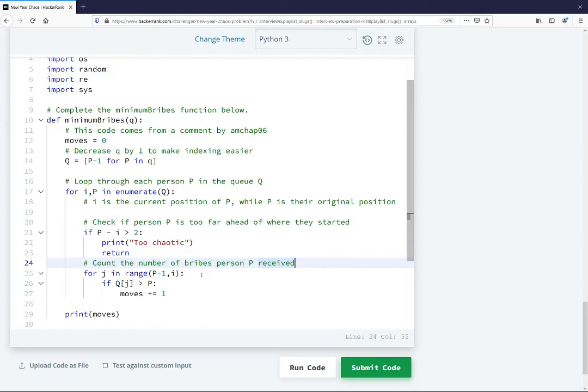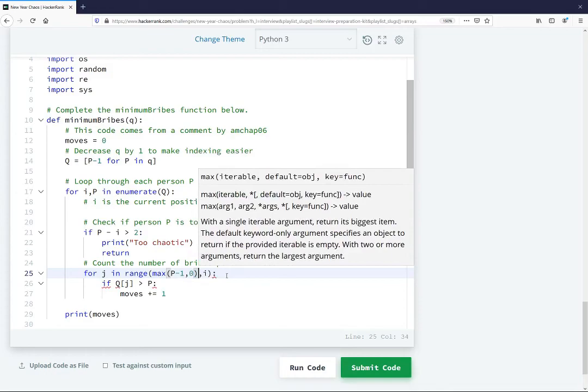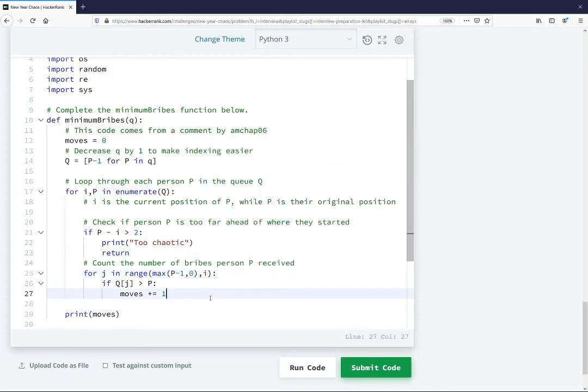There is a scenario where P is 0, in which case the code would look at the -1 index of Q, which doesn't exist because Q starts at 0. So we want to make sure that we don't look to the left if there is nothing to the left. And so that's why we do the max of this value and 0, to make sure that we don't ask it to look up a negative index.